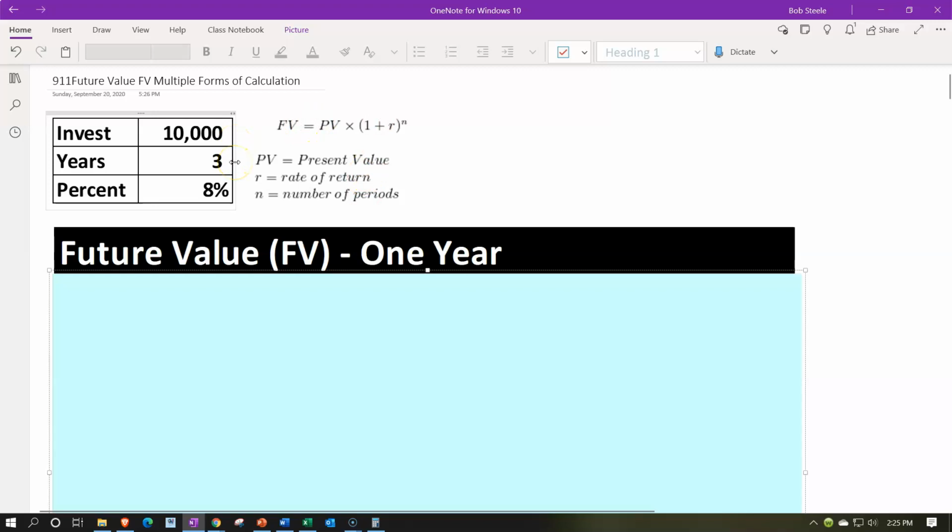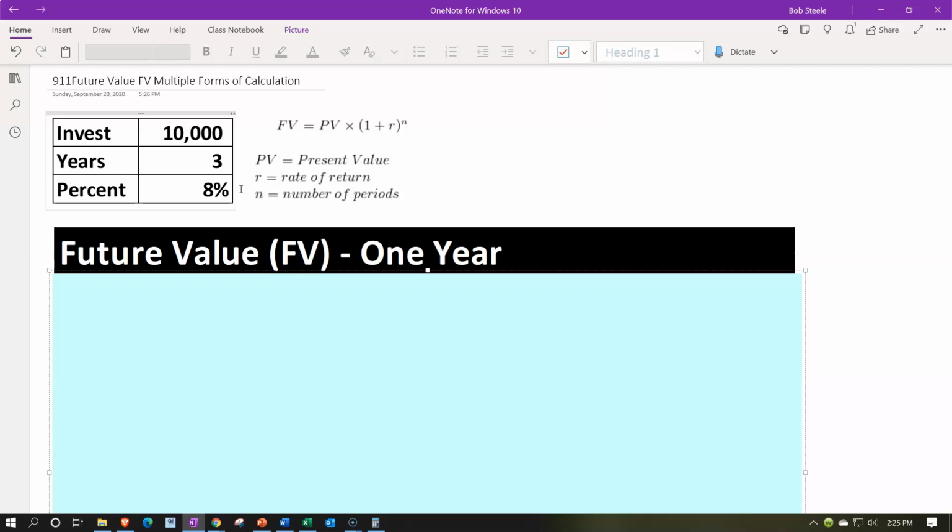We're going to need the period that we're going to be invested over, which may be determined or given to us in years or months, typically. And then we're going to need the percentage of the increase and the compounding of the increase that we believe is going to be taking place. Once we have that, we can then calculate the future value, where we expect to be in future value terms at the end of this time period.